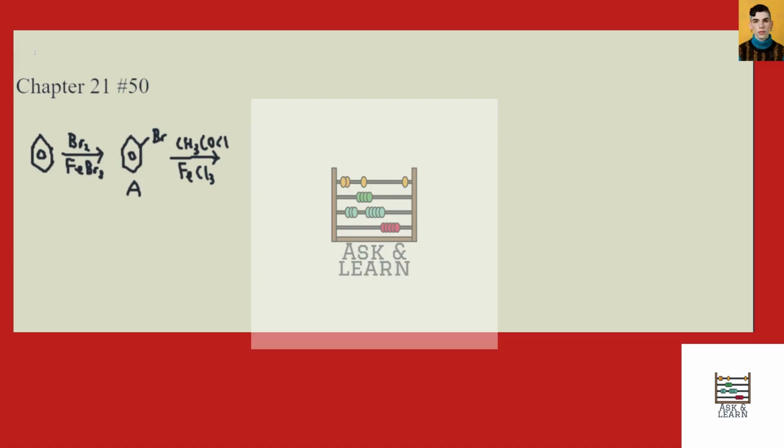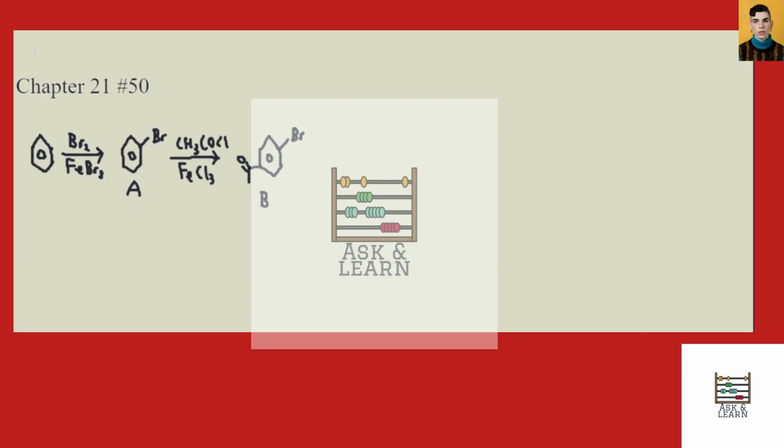Okay, and so that's going to add this acetyl group here. And we were told in the instructions, once again, to only consider para-type additions when a mixture of ortho and para is possible. So we will only consider the para product here. So there's our para product, and that's B, as I said.